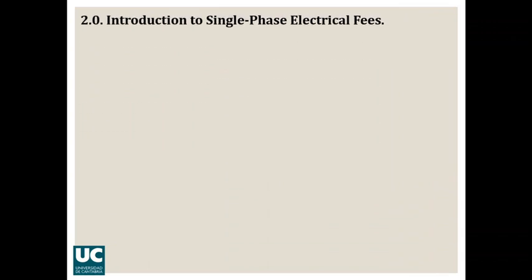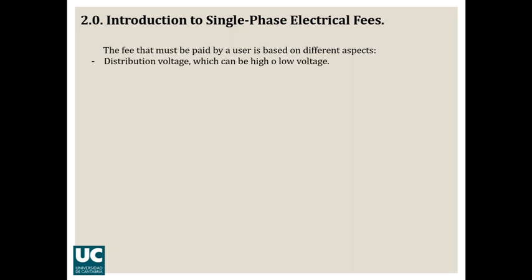Point 2.0 of the lesson is called Introduction to Single-Phase Electrical Fees. So the fee that is paid by a user depends on several aspects. First, it depends on the voltage that we have, which could be high or low voltage.